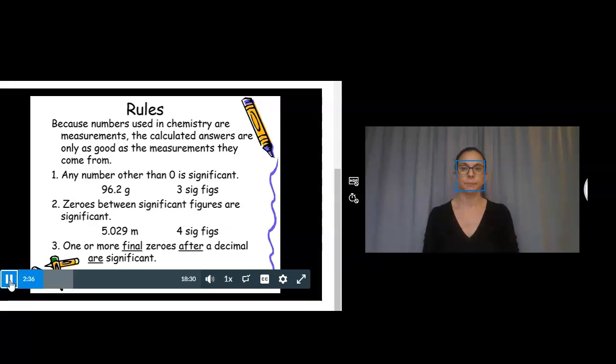This is where it gets a little trickier. Rule number 3: one or more final zeros after a decimal are significant. So for example, in the measurement 82.0 meters, that 0 is a final zero after a decimal. It is significant to the measurement.